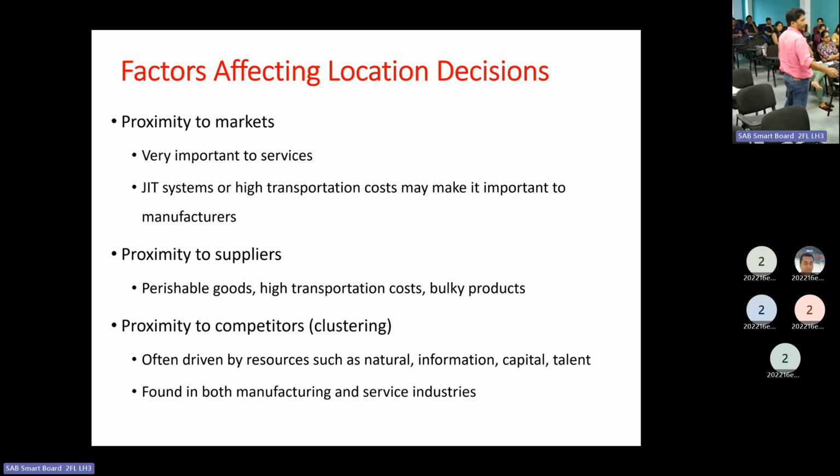And the second main important factor in general is called proximity to supply. That is the second main point. Proximity to suppliers, which means locating your operations facilities close to suppliers and supply sources.